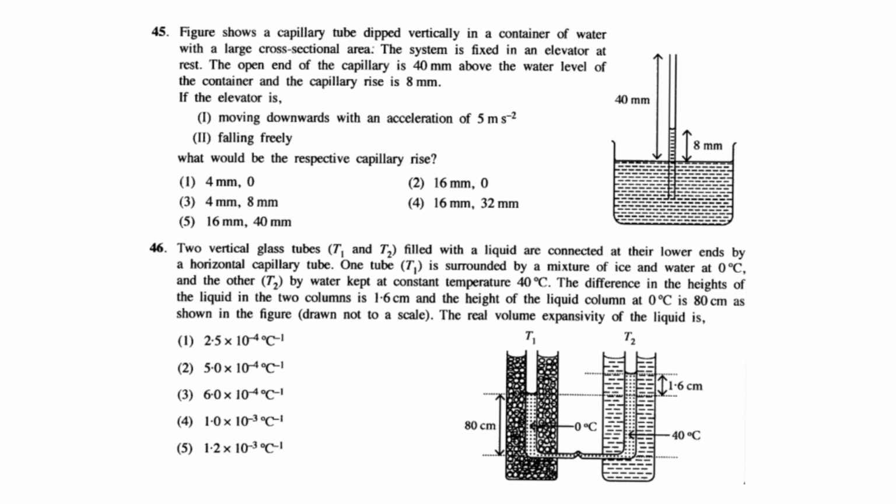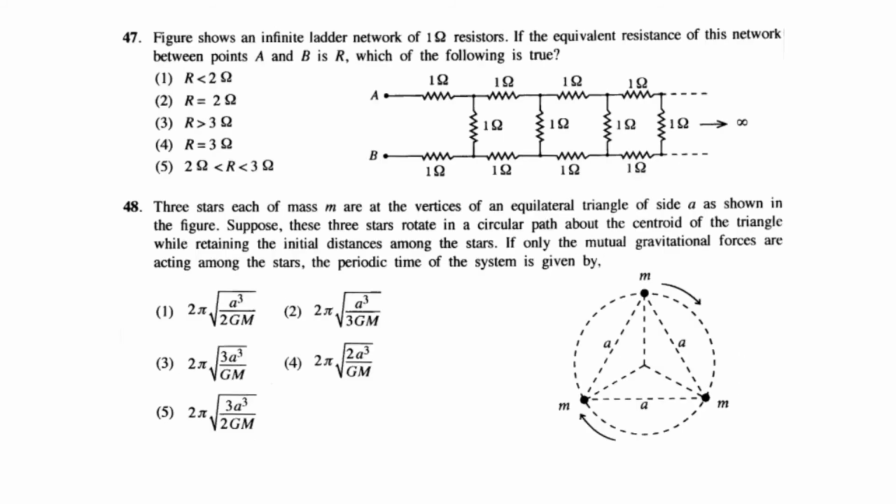Figure shows an infinite ladder network of 1 ohm resistors. They are asking for the correct answer if the equivalent resistance of this network between points A and B is R. When you look at the diagram, you can see that 1 ohm resistor is directly connected to A terminal and another 1 ohm resistor is directly connected to B terminal, and the other set of resistors are connected in between these two resistors.